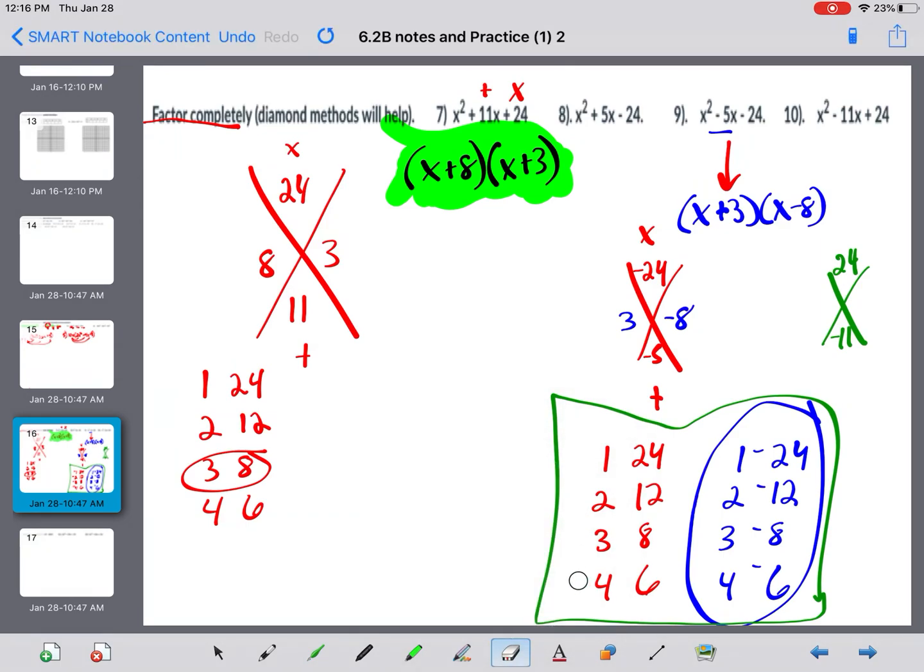So either both numbers have to be positive, but that's not going to work because any way I would add these positive pairs of numbers together would give me a positive. So what we're going to do is actually make both sets of numbers negative, because a negative times a negative gives you a positive 24, and now when you add the right pair together, you'll get a negative 11 specifically. So it's x and a negative 3 and an x and a negative 8. There's your factored form.